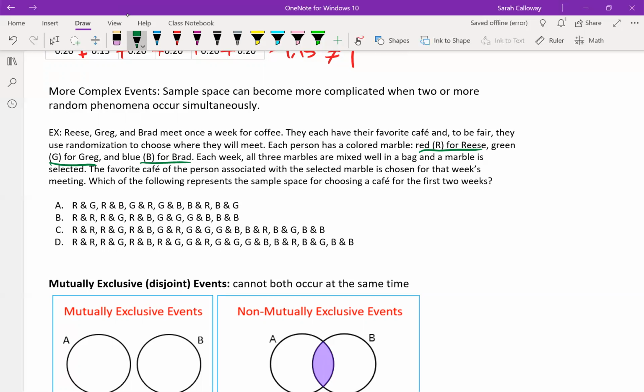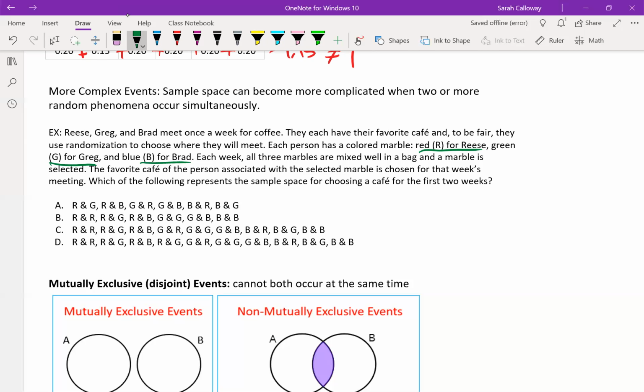So that means that we're doing 2 different marbles. So we'll start with R, because if I look at the answer choices, they started with R as well. So if I'm drawing 2 marbles, I'm putting the marble back each week, right? I'm starting with all 3 marbles each week.